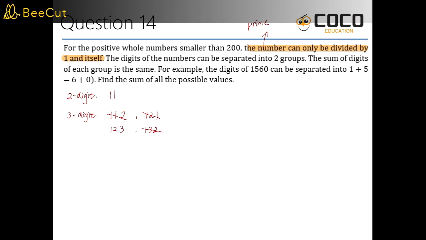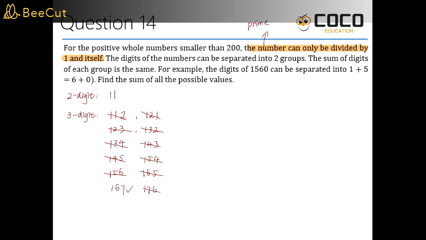Then 123 is divisible by 3, that's also wrong. 134 is even, so that's wrong. 143 is a multiple of 11. Then 145 is a multiple of 5. 154 is a multiple of 11. 156, even number. So 165, divisible by 11. 167, this one is prime.